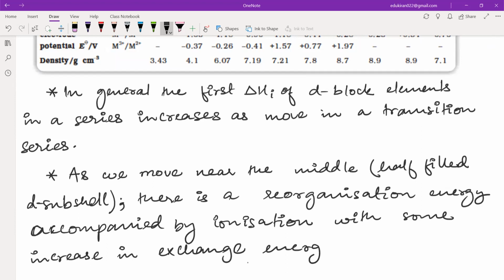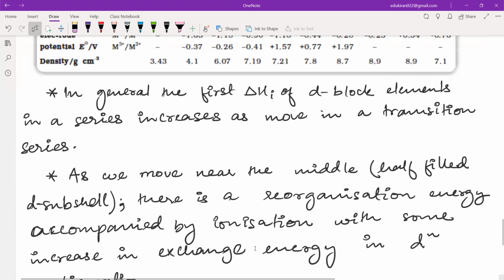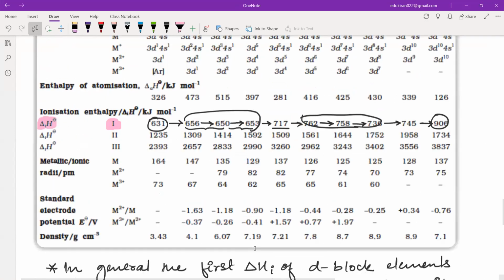So exchange energy is that energy that is related with the half filled and the fully filled subshell.